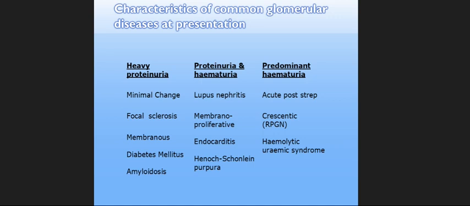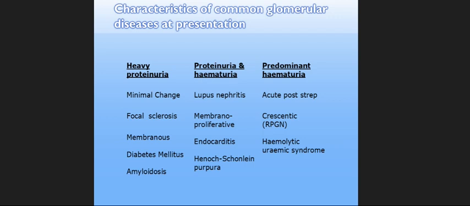Other examples: membranoproliferative GN, sometimes in endocarditis, which is a cardiac condition, we may have proteinuria mixed with hematuria. Again, you know about Henoch-Schonlein purpura. It is a hematologic disease. And in this Henoch-Schonlein purpura, you will find proteinuria and hematuria.